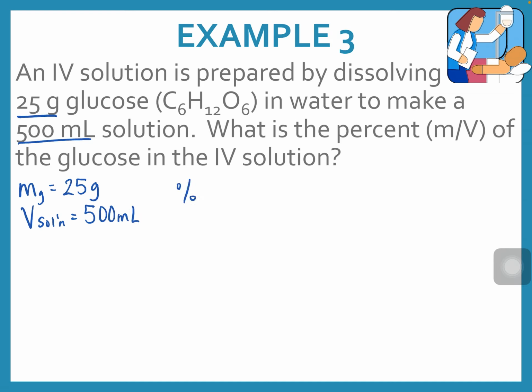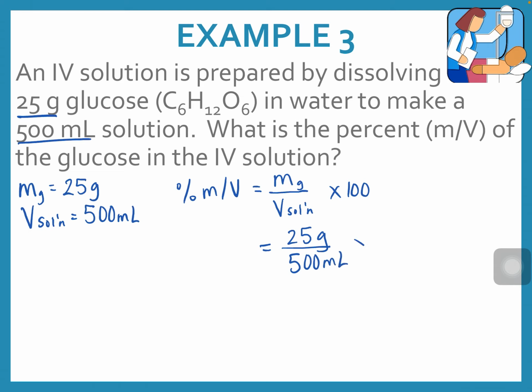And my formula for concentration percent mass by volume is the mass of glucose in this case over my volume of solution, multiplied by 100. So I have 25 grams per 500 mils, and that is going to give me a 5% mass to volume concentration.